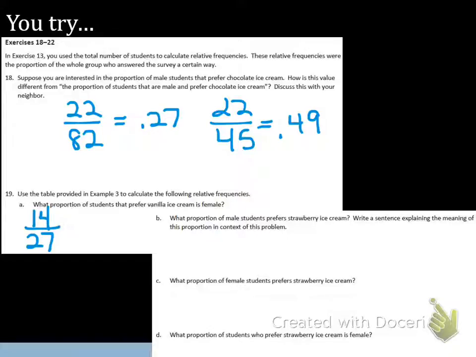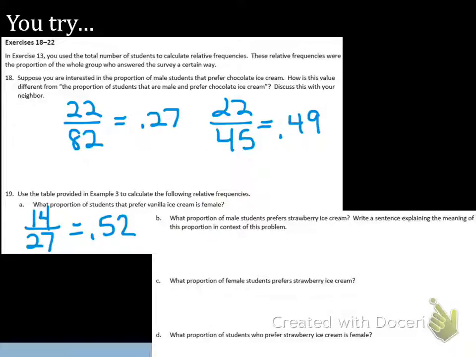The prefer vanilla was asked first, so I look at that vanilla column, and of those 27, it was 14. So that equals 0.52, about a little over 50%. So 52% of the people that prefer vanilla are female. Okay, letter B.